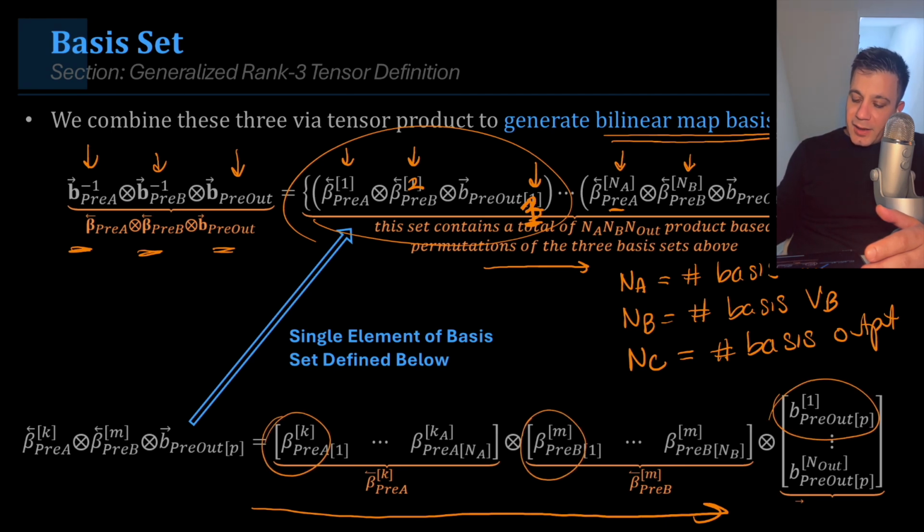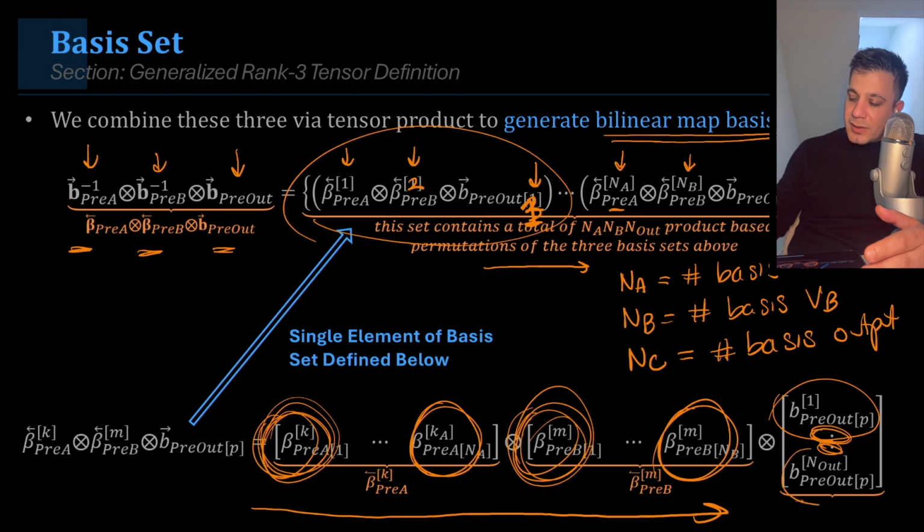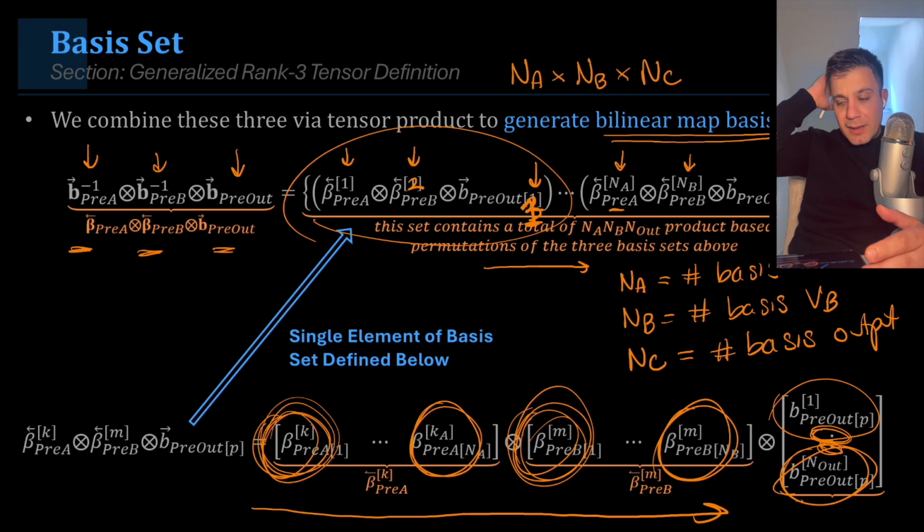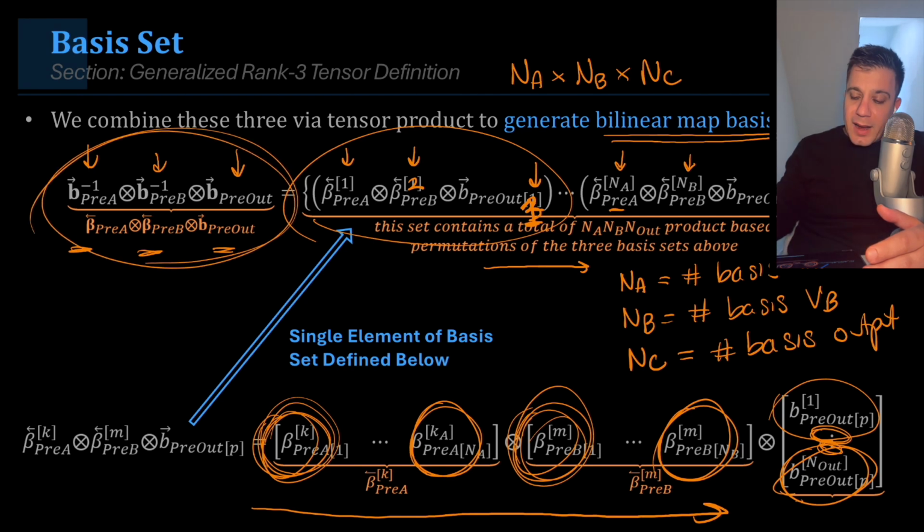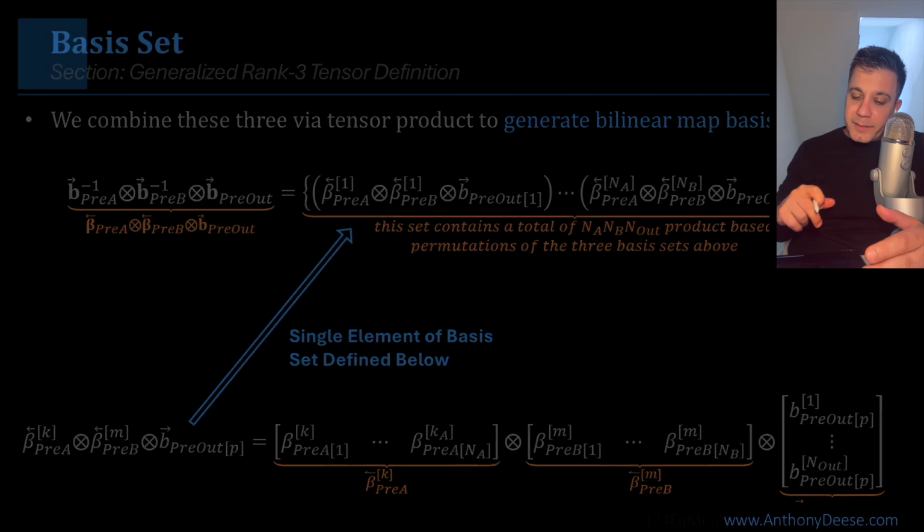And then the second element would be this times whatever the second one may be. Then this times the third element, and once you go all the way to the end, the last one times the last one times the last one. So the number of bases would be equal to NA times NB times NC. That's the number of algebraic objects you would expect to be inside of this structure right here.